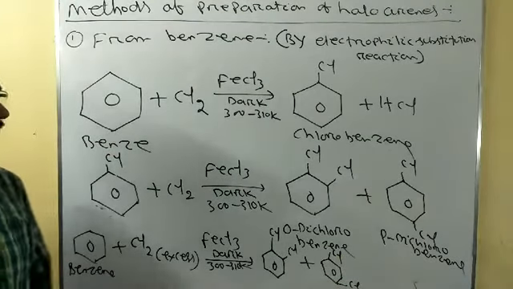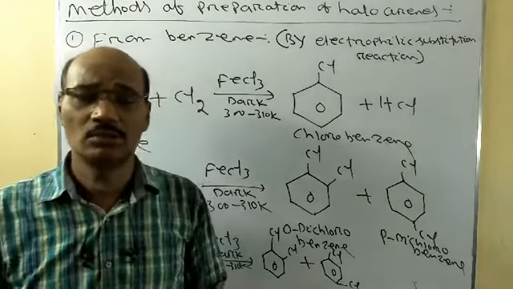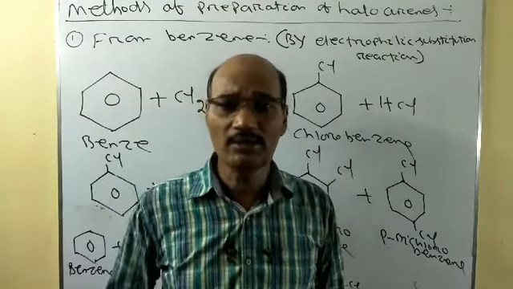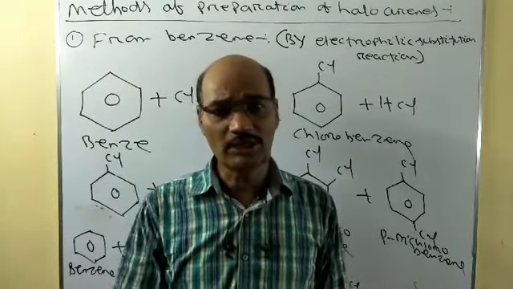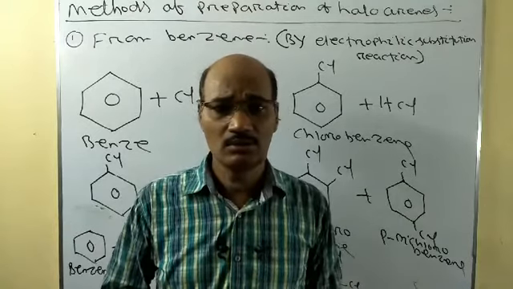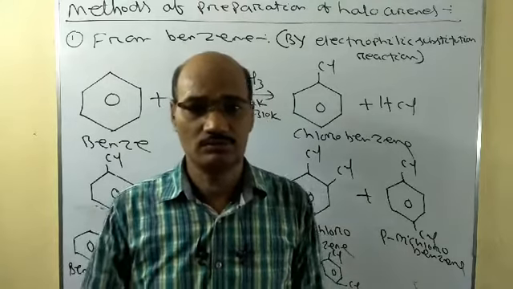So benzene on halogenation with chlorine in the presence of a halogen carrier like AlCl3 or FeCl3 in anhydrous condition gives chlorobenzene.